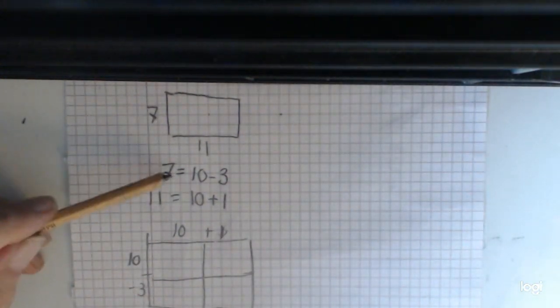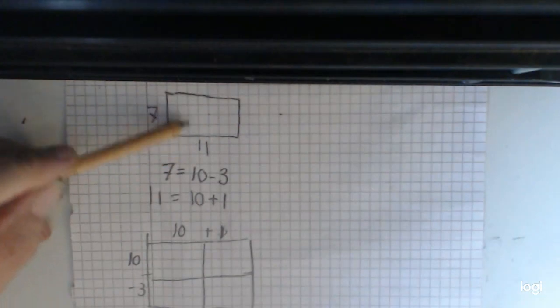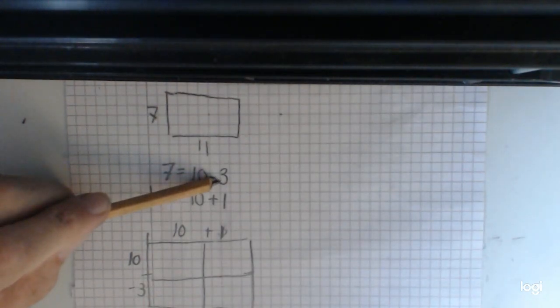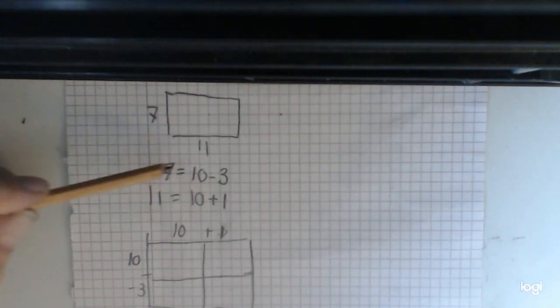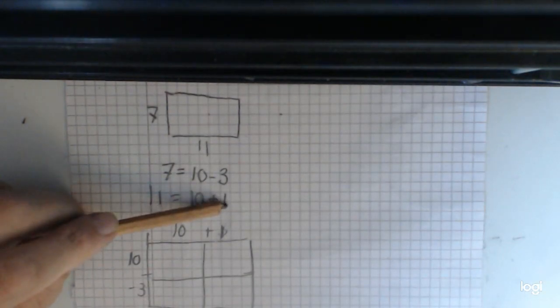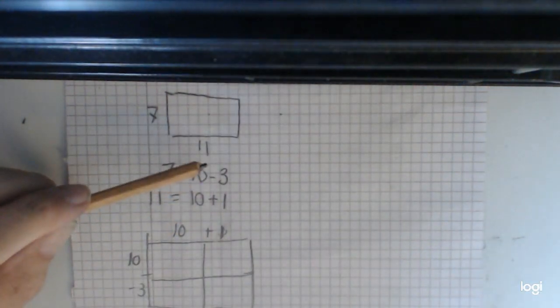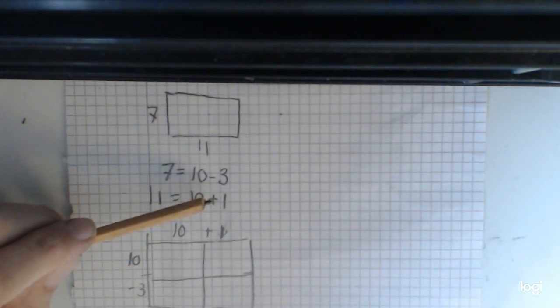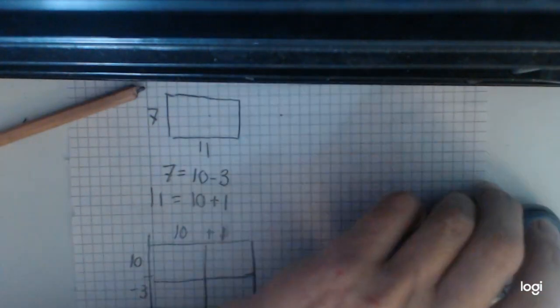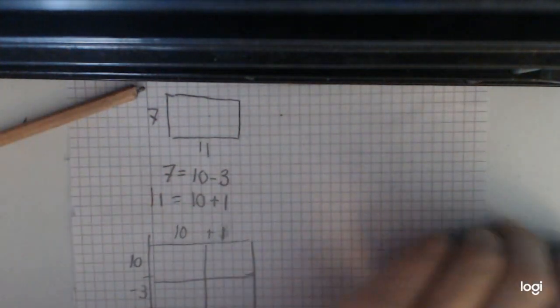Here we have 7 times 11, and if we draw 7 as 10 minus 3, and 11, we know that you can write it as 10 plus 1. The question is, what will we get right now? And what you see here is very, very important.